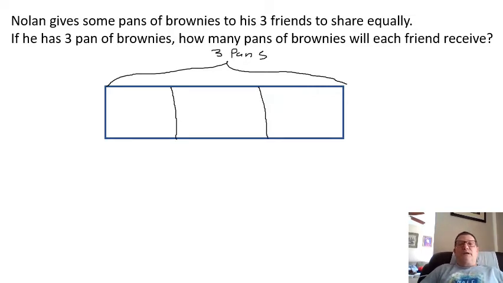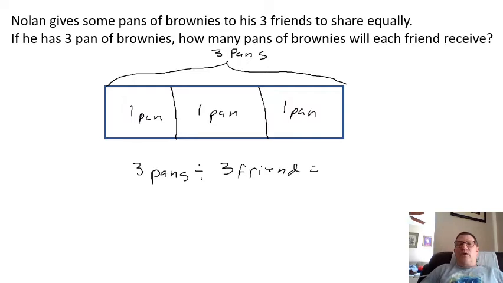And I can see in order for this to equal 3 pans up top, each friend would have to get 1 pan. So we can see 3 pans divided by 3 friends would equal 1 pan each.